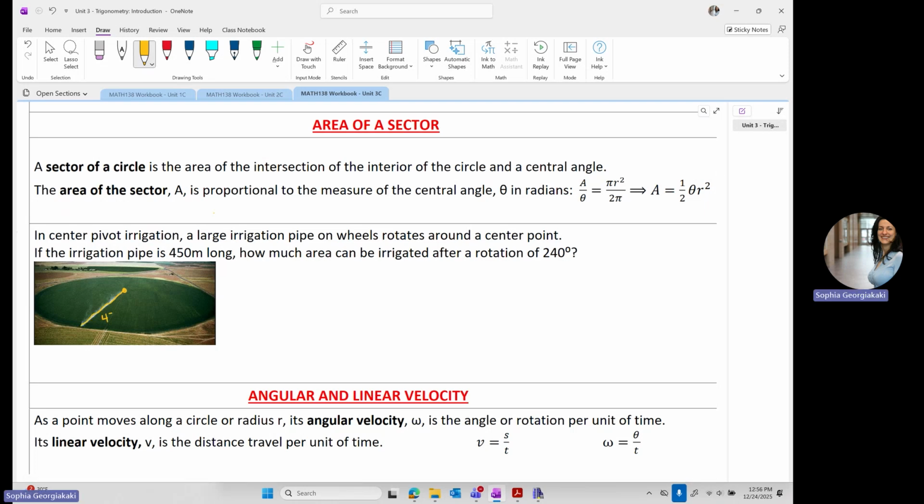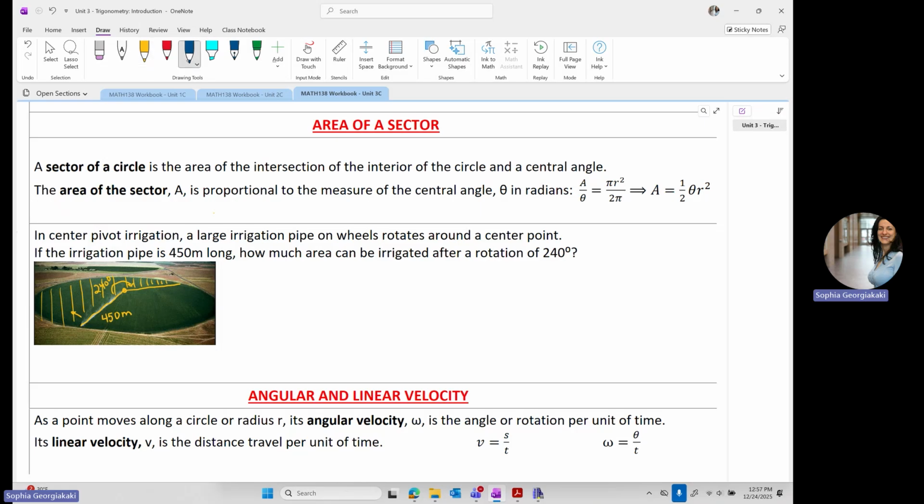It is 450 meters and it rotates around this plot, and we want to find how much area can be irrigated after a rotation of 240 degrees. So let's assume that it rotates in this direction. 240 is a convex angle, more than 180. So let's assume that this is 240 degrees. They're asking us to find the area of this sector over here.